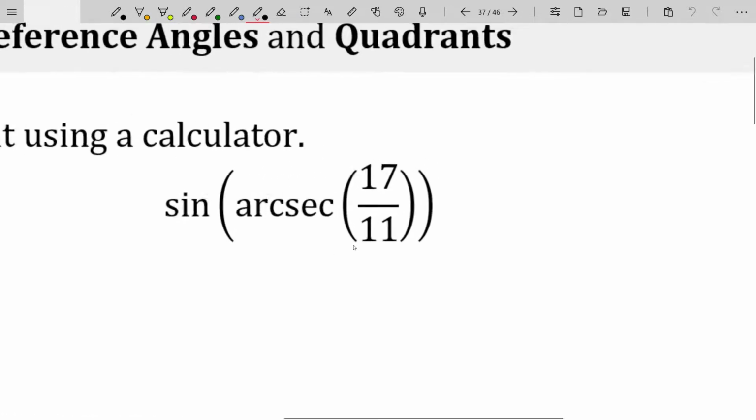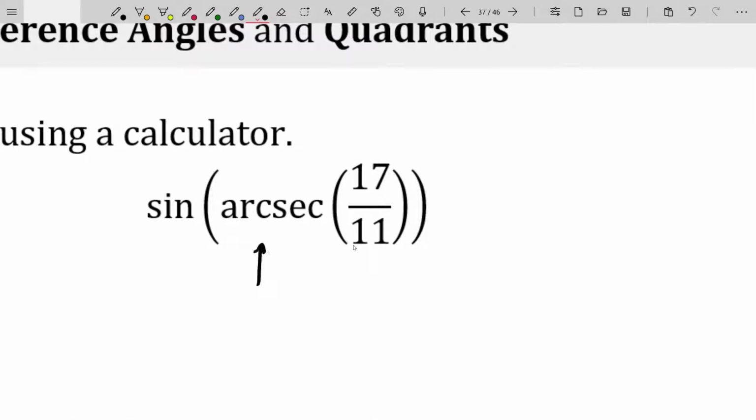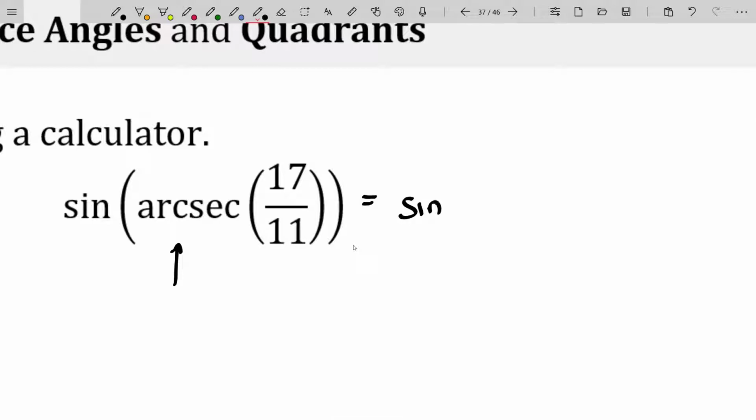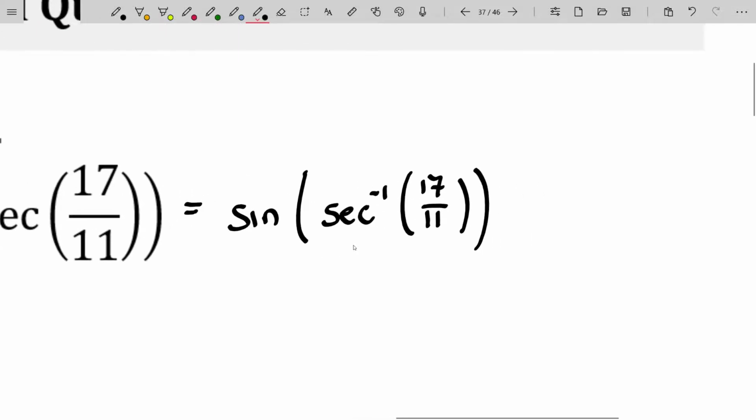Again, remember the arc notation just means inverse. So this is the same thing as saying the sine of the inverse secant of 17 over 11. Let me finish that out. And all the inverse trig functions, including the secant here, they all return angles. So this is just going to be the sine of an angle.